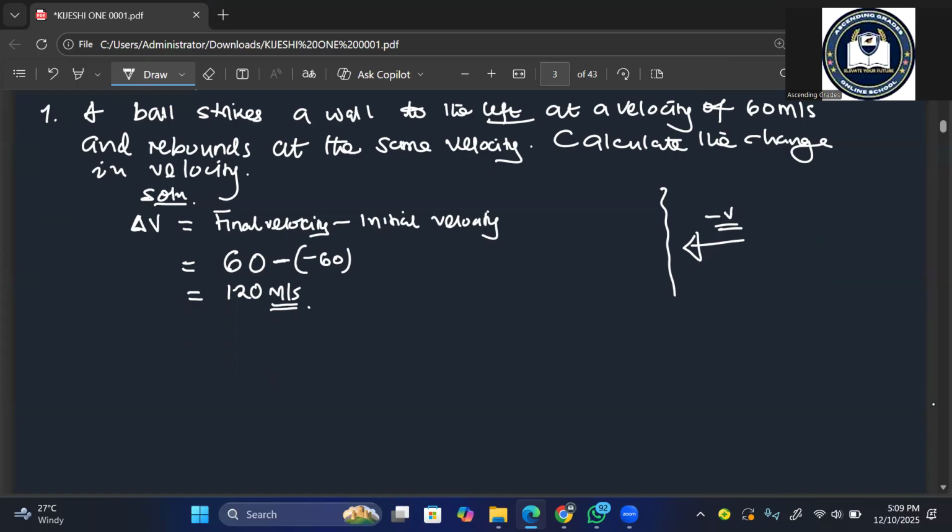And go to question 2, where you're told the diagram below shows a velocity time graph.